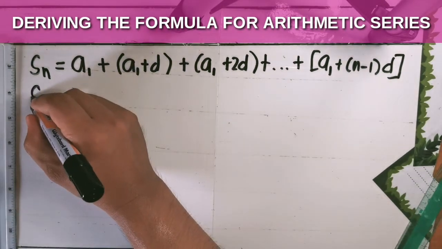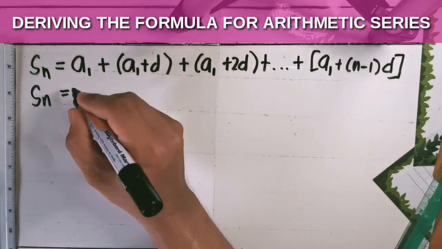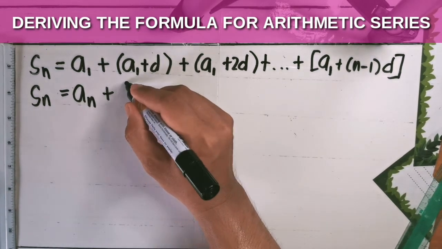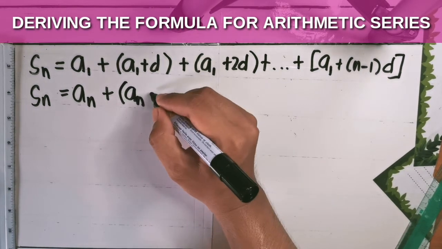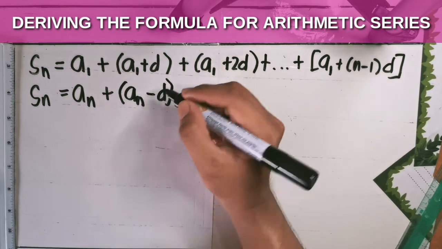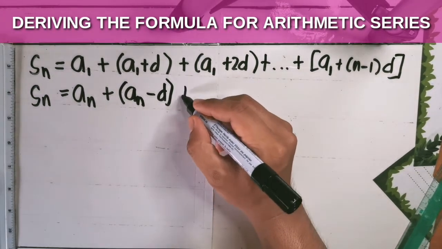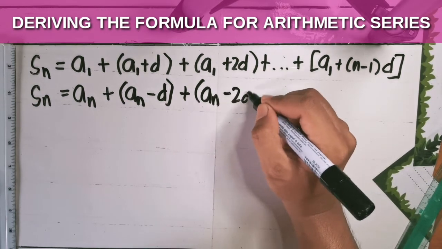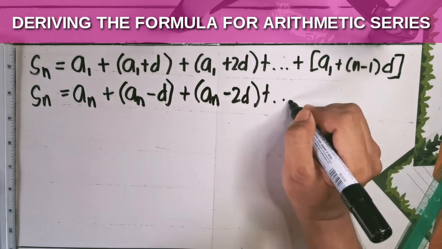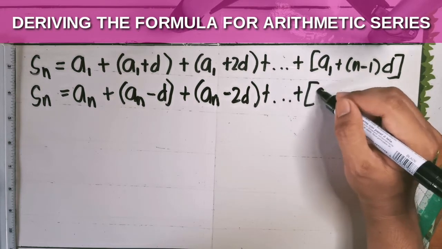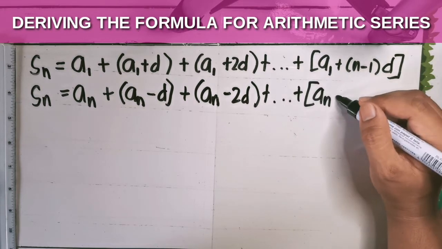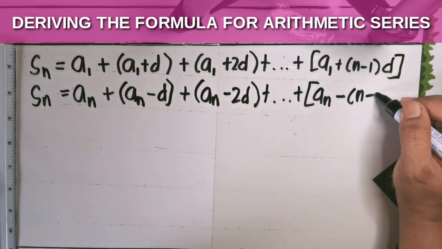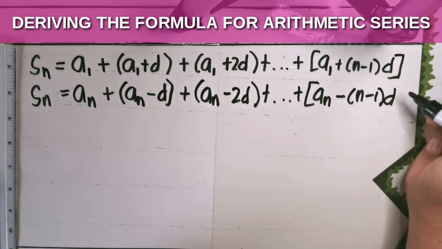Reverse order, S sub n equals a sub n plus a sub n minus d. Since pabalik tayo, magsusubtract tayo: a sub n minus 2d plus a sub n minus n minus 1 times d.